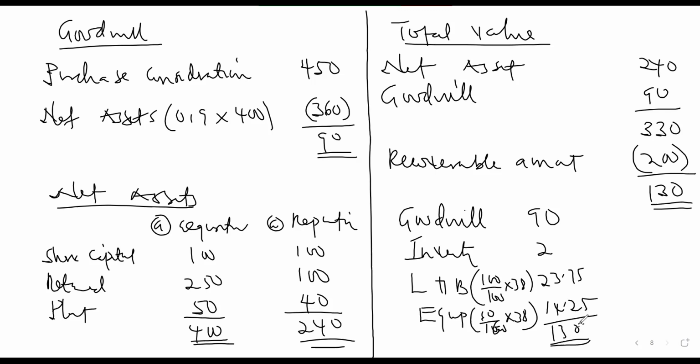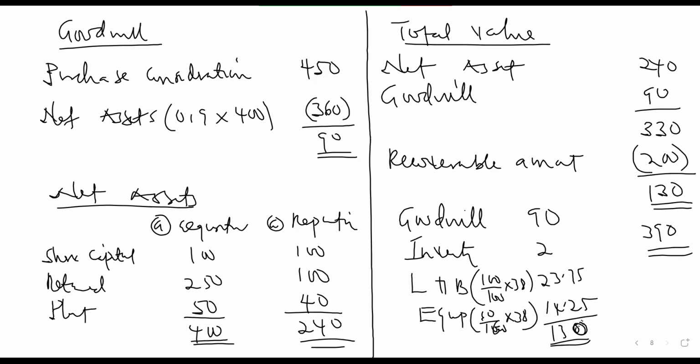Okay. Let's look at the second situation. The recoverable amount is 390. Is there any impairment? No, there is no impairment. Are you okay? Where's the 390?